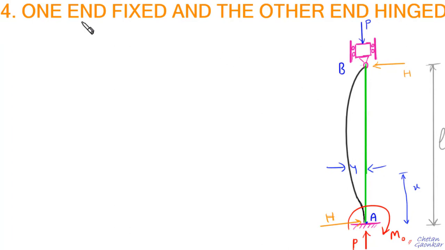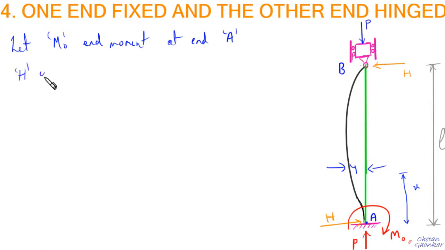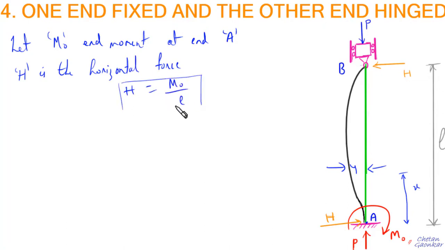So let M naught be the end moment at end A. And H is the horizontal force which gets developed, which will be equal to M naught divided by L.